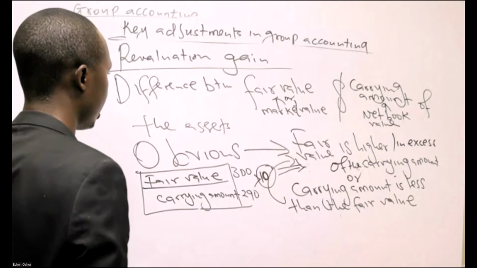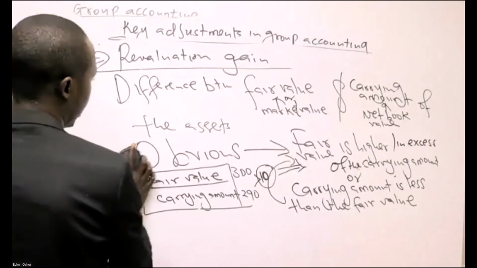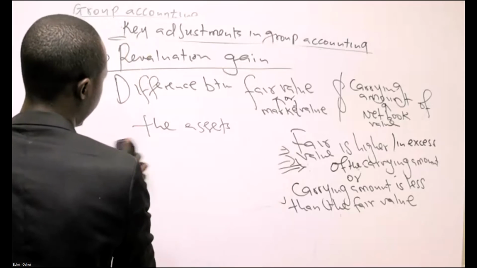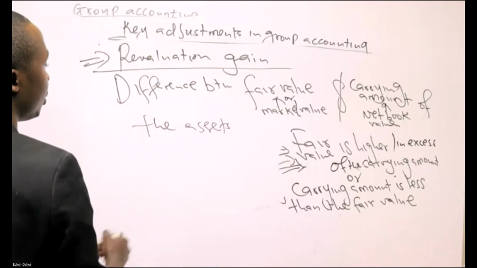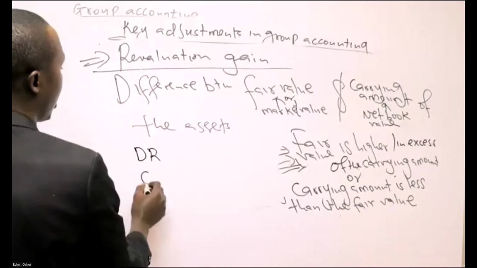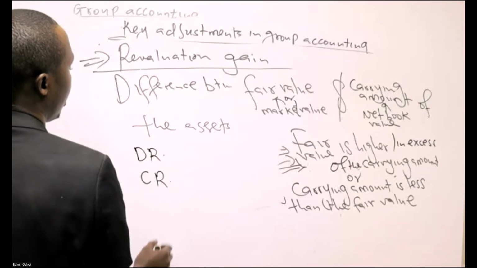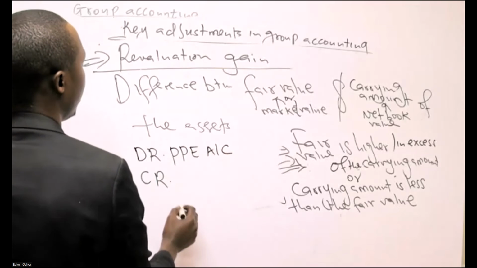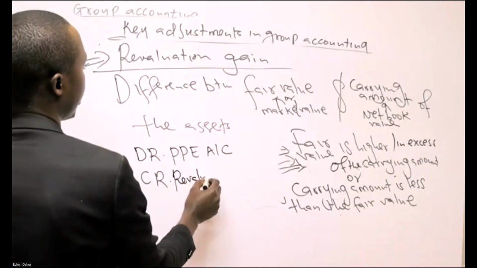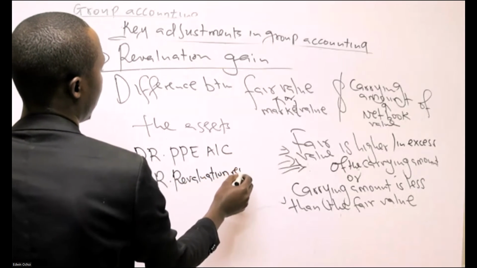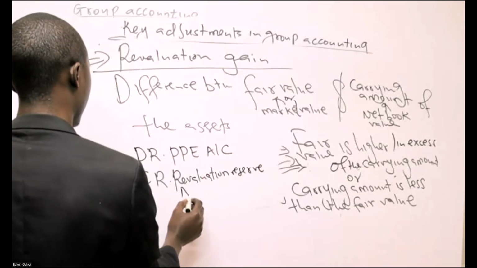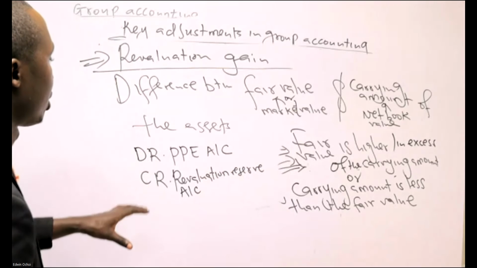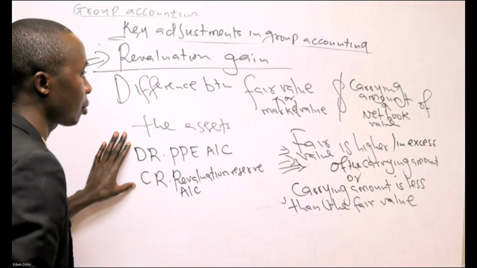Where do you adjust the revaluation gain? With revaluation gain, you debit the PPE account and you credit your revaluation reserve account.